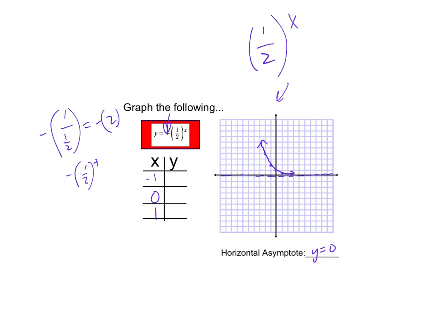So we'd have the point -1, -2, which would be right there. 0 again, 1/2 to the 0 is 1, but then we also have the negative out front, so that would be a -1. And then 1/2 to the 1 is 1/2, make that a negative, so that's -1/2. And again, put that same asymptote. You can see the reflection over the x-axis here.